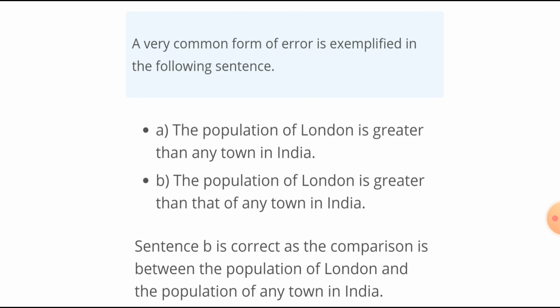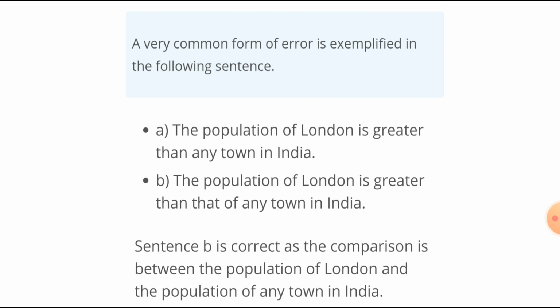A very common form of error is exemplified in the following sentence. A: The population of London is greater than any town in India. B: The population of London is greater than that of any town in India. Sentence B is correct as the comparison is between the population of London and the population of any town in India.